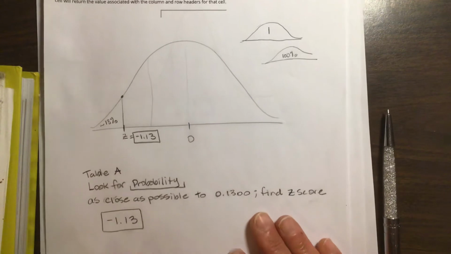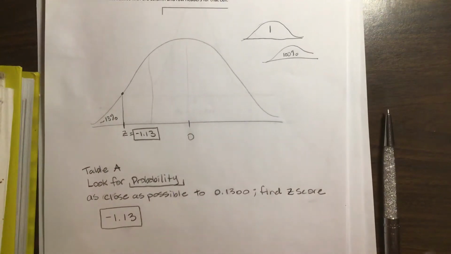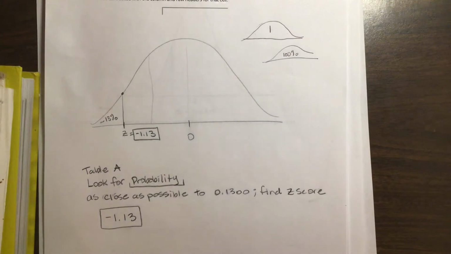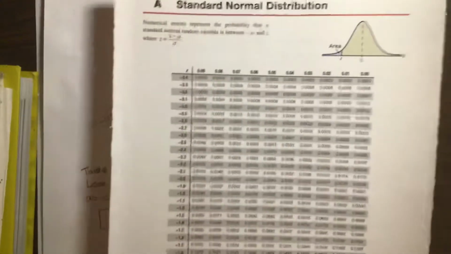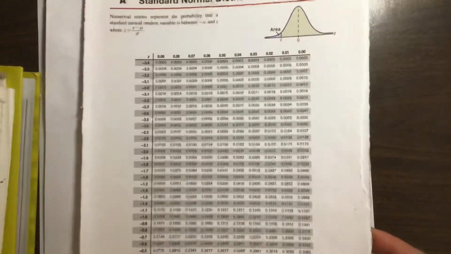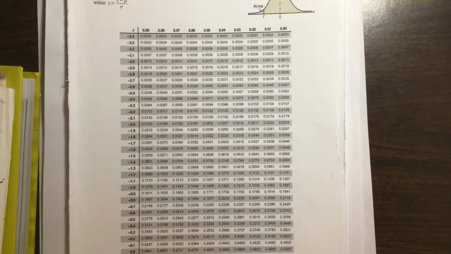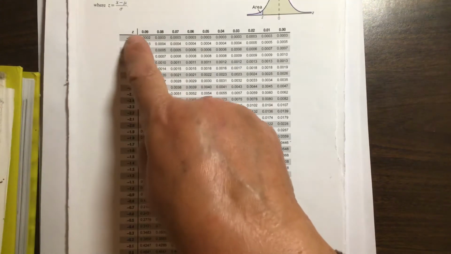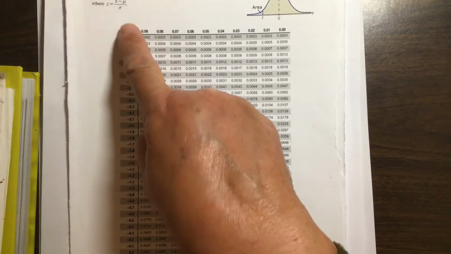Then you're going to use your probability tables that I sent in an email, and we're going to be looking up this probability. Now, just as a reminder, the way this table works, it has a z right here that's telling us that these are our z values.